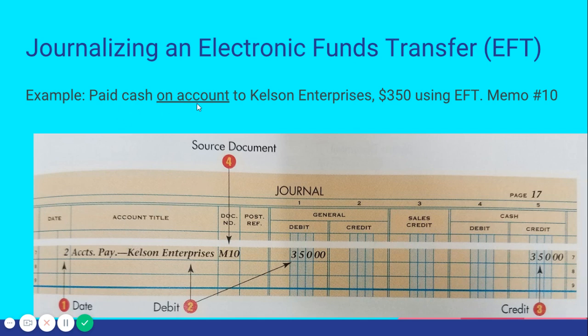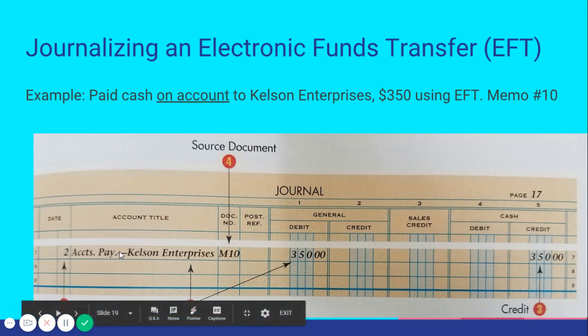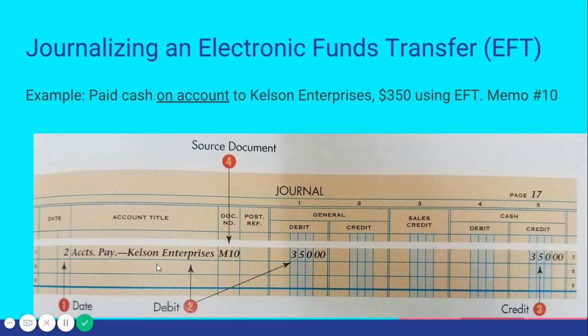So we paid cash on account, meaning we are paying our debt. So this becomes accounts payable to Kelson for $350. We're lowering our debt and we're lowering our cash. Whether it is EFT does not matter on this part. It's just saying, hey, you paid cash. It's still coming out of your cash account.